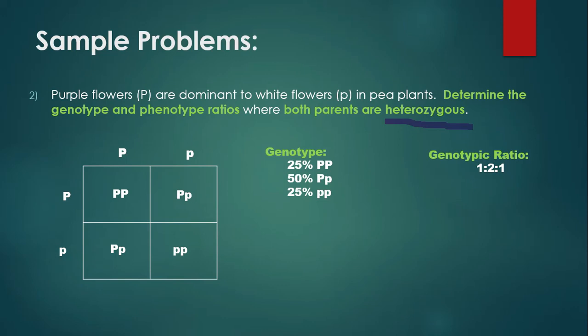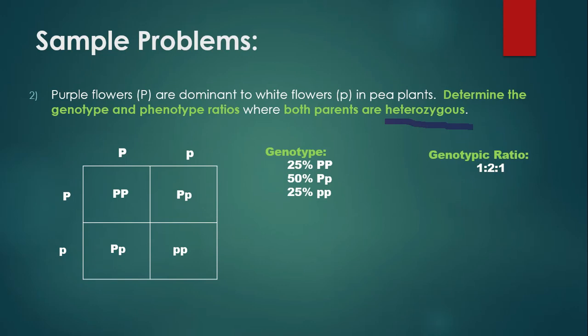And this one is the expression of the 25% homozygous recessive, making it 1 is to 2 is to 1: 1 homozygous dominant, 2 heterozygous, and 1 homozygous recessive. So that is the genotypic ratio based on the results that we get.